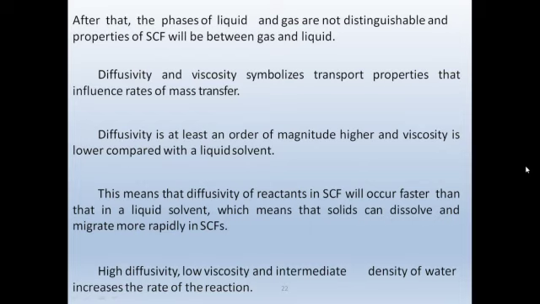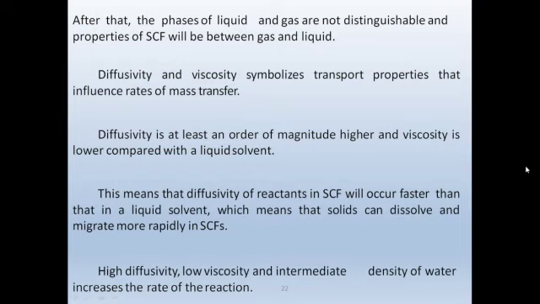Diffusivity and viscosity symbolize transport properties that influence rates of mass transfer. Diffusivity is at least an order of magnitude higher and viscosity is lower compared with a liquid solvent.